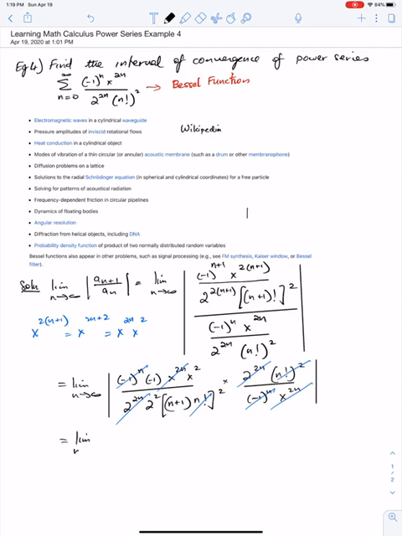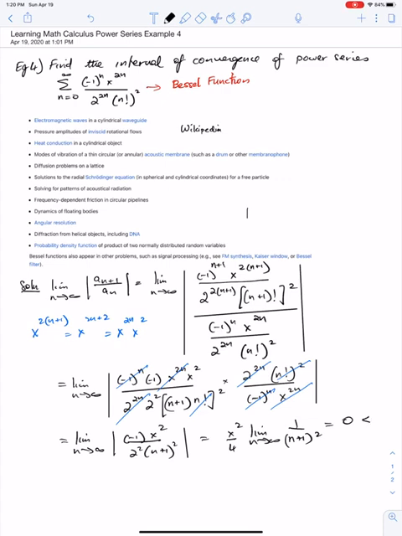So the limit as n tends to infinity of minus 1 times x squared over 2 squared (n+1) squared. So I'm going to pull out the x squared over 4, 2 squared is 4. The limit as n tends to infinity of 1 over (n+1) squared, and that's very clearly 0.